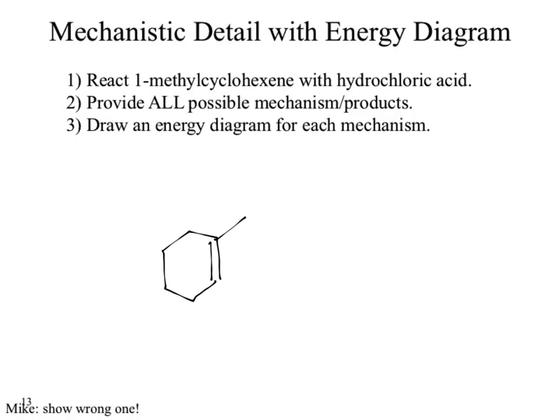I'm going to react that with hydrochloric acid. All possible mechanism products. Okay? Because this is now all possible, we'll end up with 2 products. What will those 2 products be?